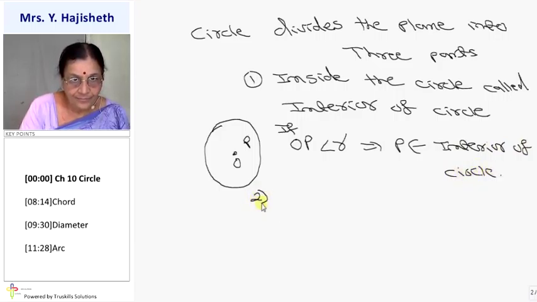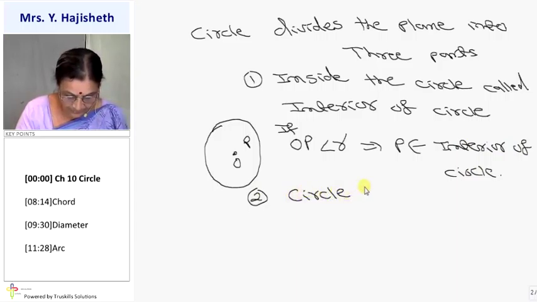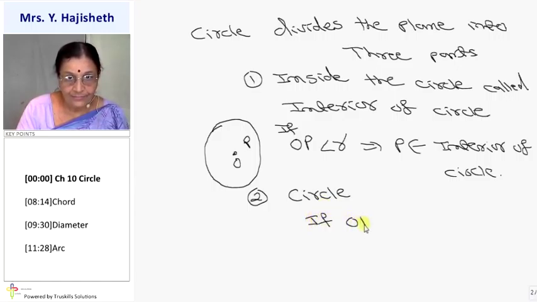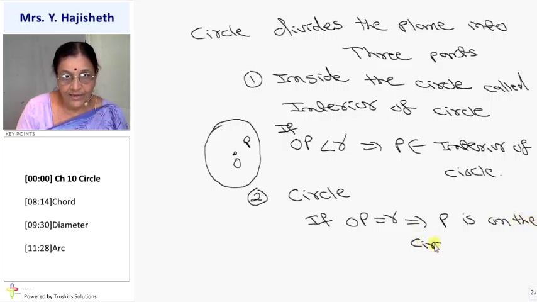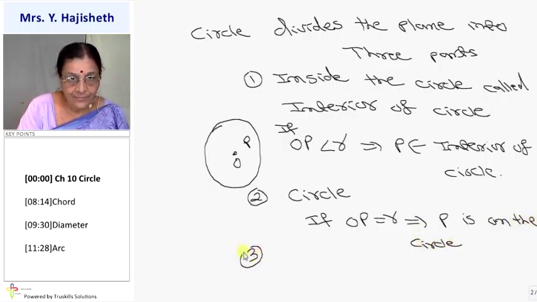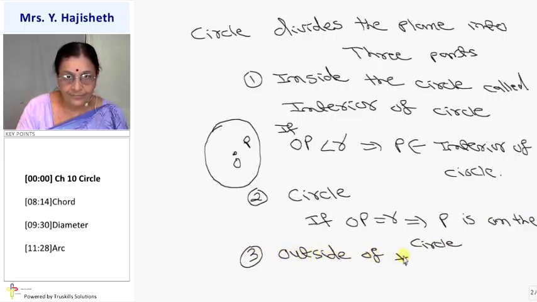Second, on the circle. If OP is equal to R, then it implies P is on the circle. And third is outside of the circle, called the exterior of the circle.